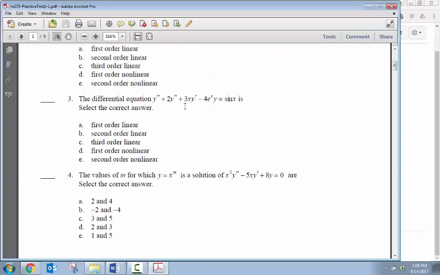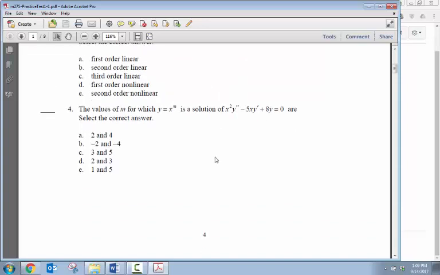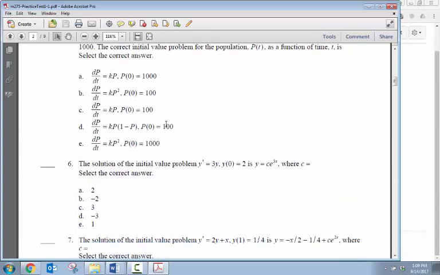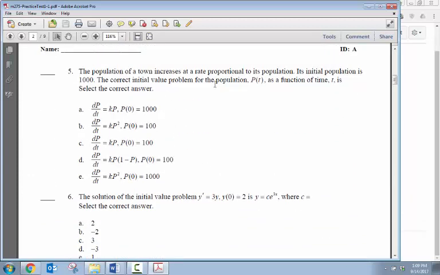Some of these are third order differential equations, which clearly is not going to be on the test that you're going to have to solve. But in these first few problems, they're just asking what kind of differential equation they are. And then once you get past that, this is kind of like a word problem.